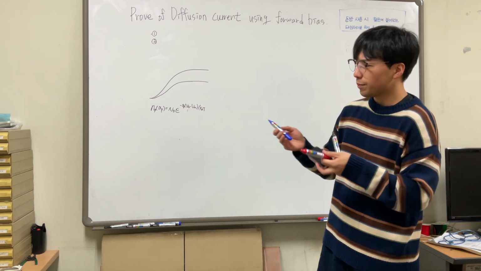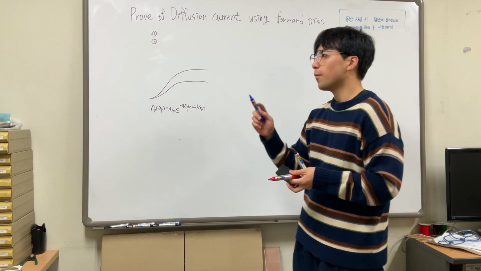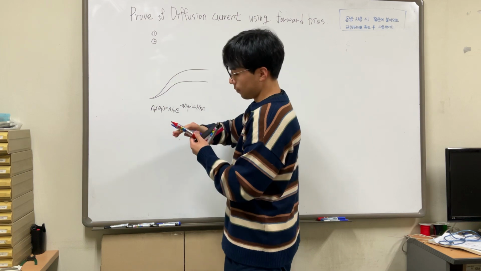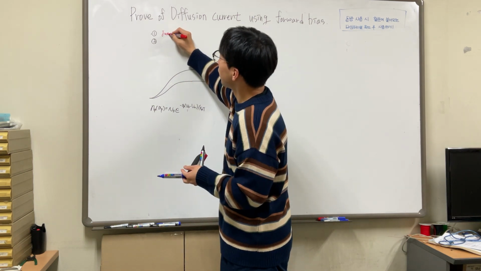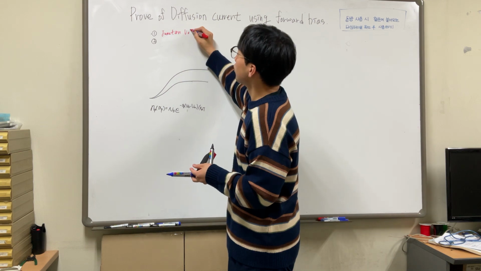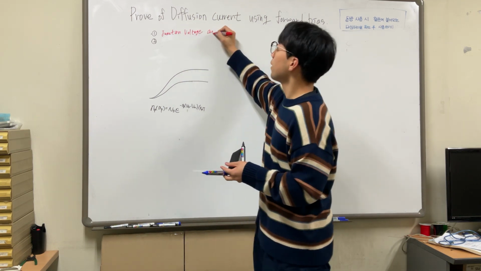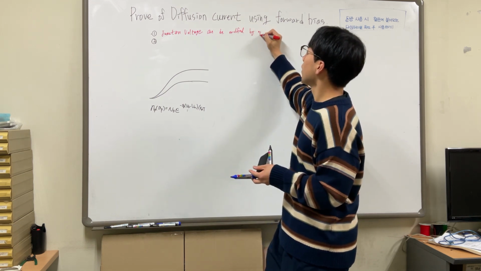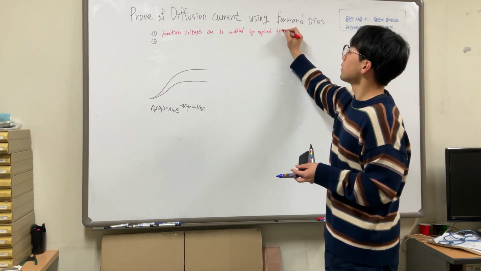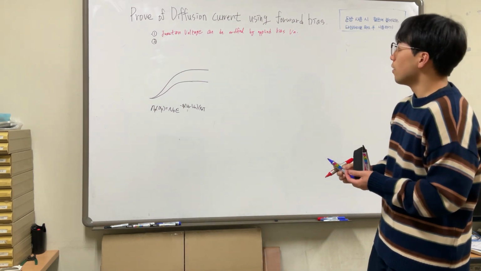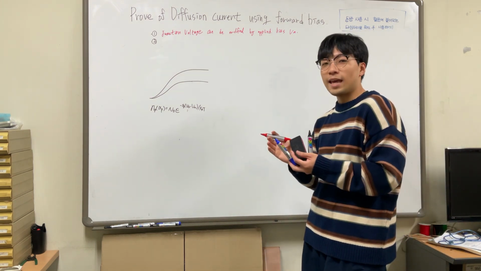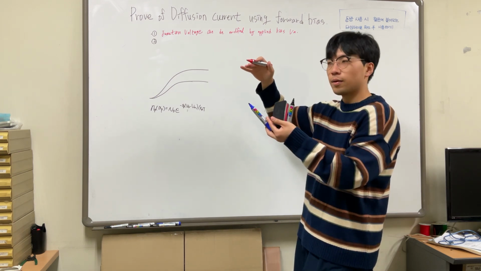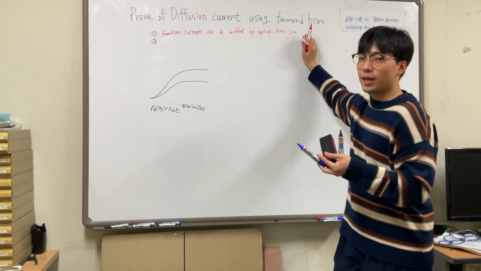First, as we studied before, we have to know the summary about the junction voltage. The junction voltage can be modified by the applied bias VA.